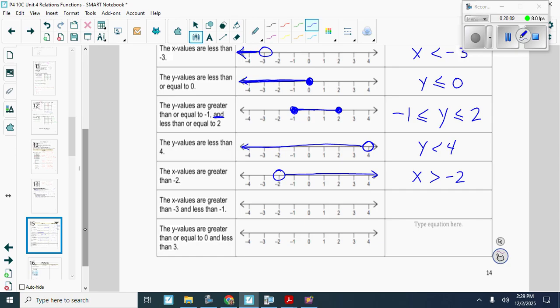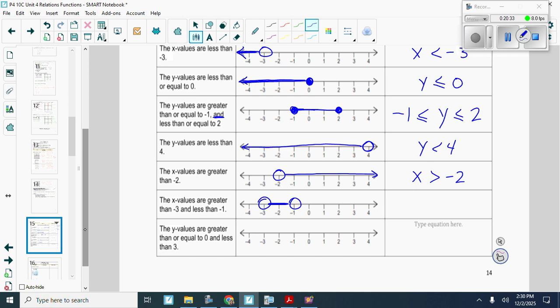The x values are greater than -3 and less than -1. Again, now we've got boundaries on each side. So greater than -3, an open dot because it's not "or equal to," and less than -1. So it's just between those two dots.